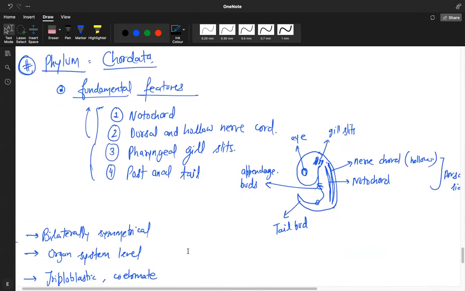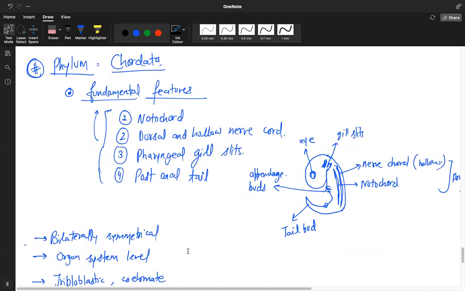Next is phylum Chordata. Most species within the phylum Chordata are vertebrates. Examples include fishes, amphibians, reptiles, birds, and mammals, including humans. Chordates are named on the basis of the presence of notochord. This phylum is fundamentally characterized by 4 features. First is notochord. Second is nerve cord, which is dorsal and hollow.